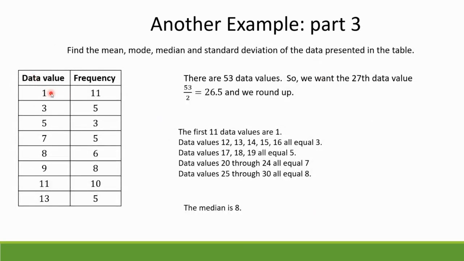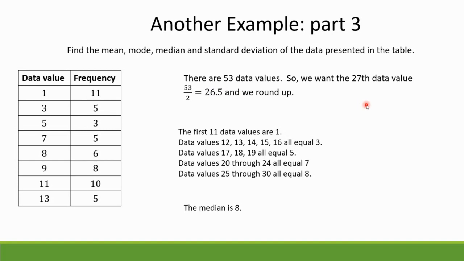Then, to get the median, well, there are 53 data values, which is an odd number. For an odd number n, you divide by 2 and you get a decimal, in this case 26.5, so you round up. So in this case, we get 27.